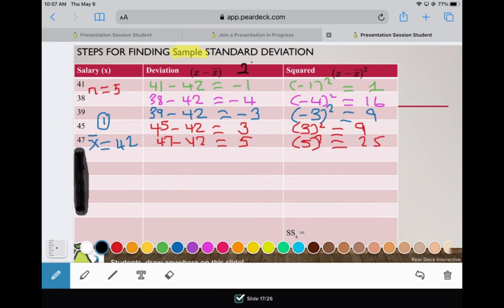Step 1, step 2, and then step 3. I'm going to go over this a little bit fast because we already did these steps with population standard deviation, so nothing changed. Okay? Any questions so far? Something bothering you and you need me to remind you?